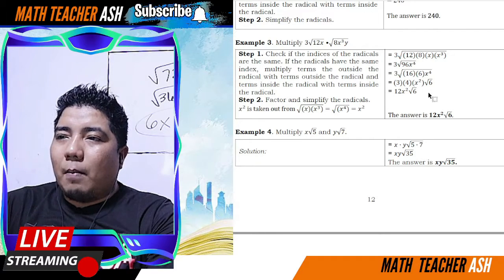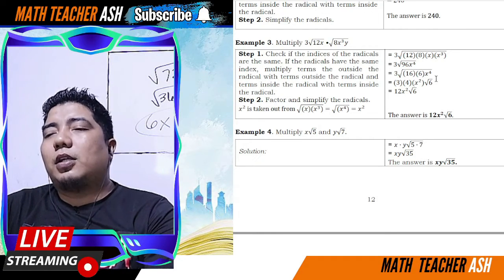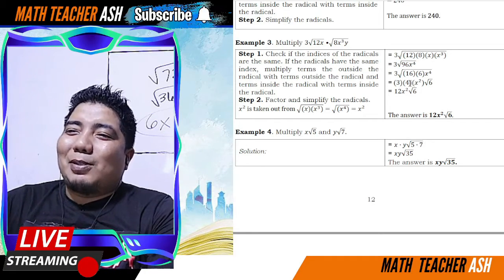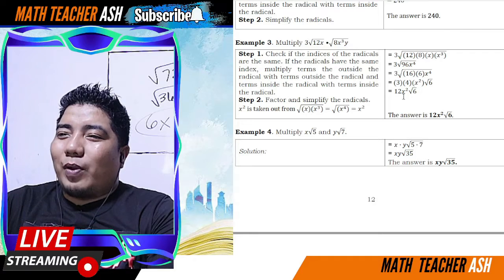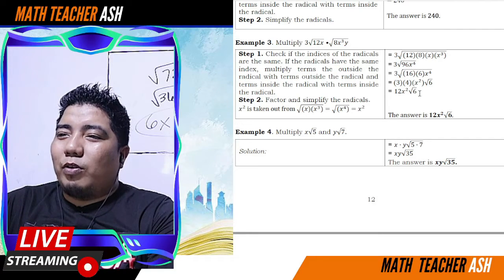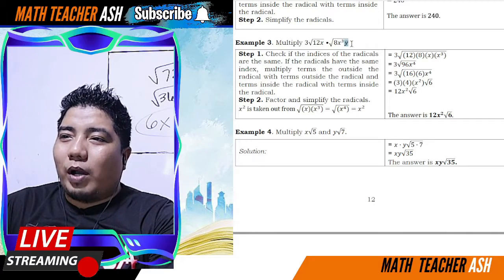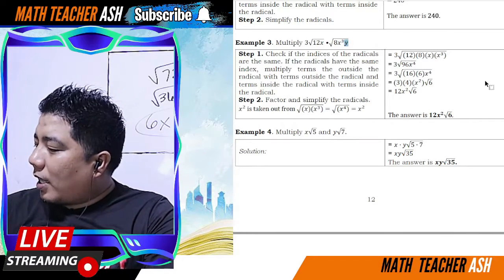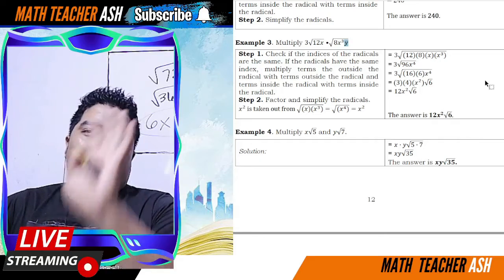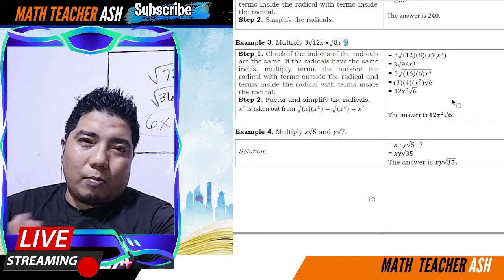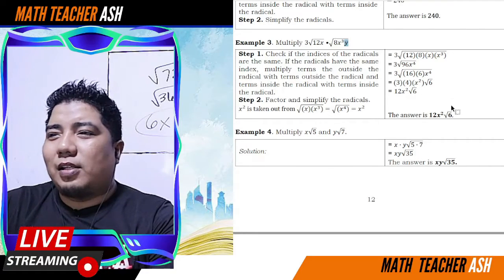Okay, si y. May y yan siya dyan, my dear math learners. Ewan ko ba sa mga module na ito. So anyway, so 3 times 4, that is 12. X squared, copy. And then square root of 6y. Okay, ulitin ko. 6y kasi may y dito sa given. Okay, ganun lang kadali, my dear math learners. Right? And I hope naklaro nyo din yon sa inyong end. Para at least alam nyo, hindi kayo mawala. Ano, bakit naging ganito? Bakit naging ganyan ang final answer?